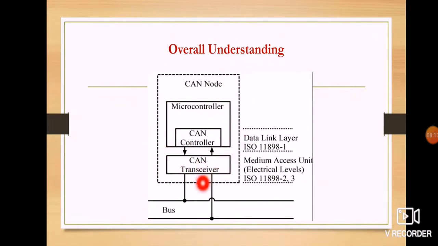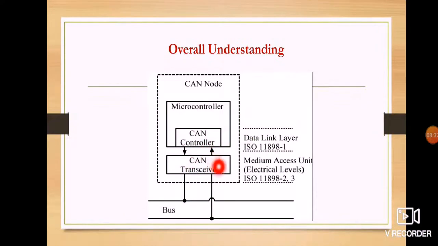In that CAN node we have a CAN transmitter, CAN receiver, and CAN controller. Many people misunderstand and consider this whole thing as the CAN controller. No, the CAN controller is a part of the controller or a chip where the program has been done. Then we have a CAN transmitter and a CAN receiver.